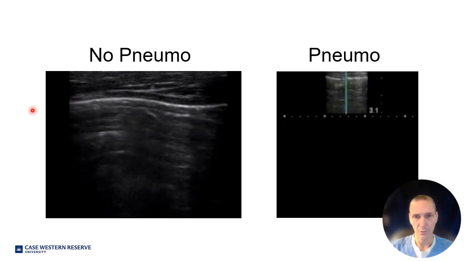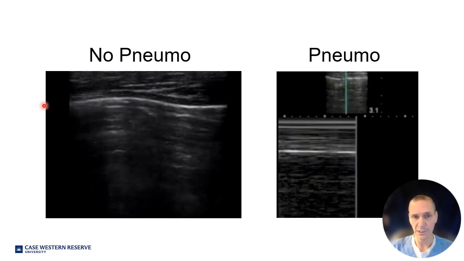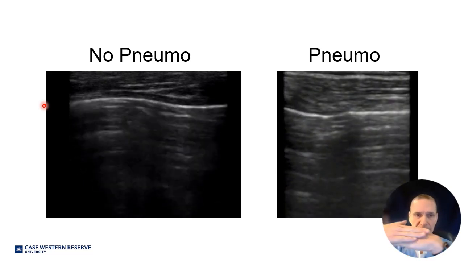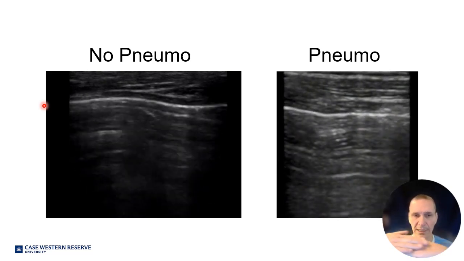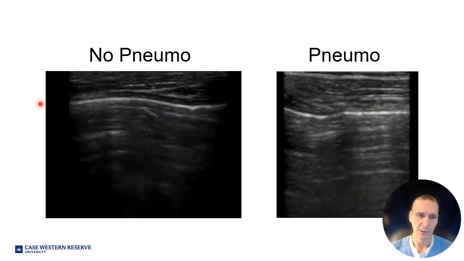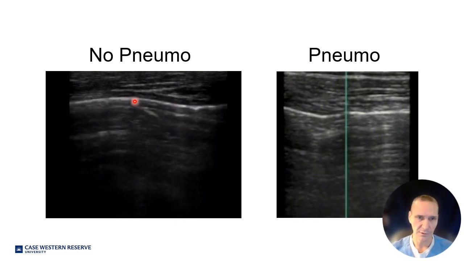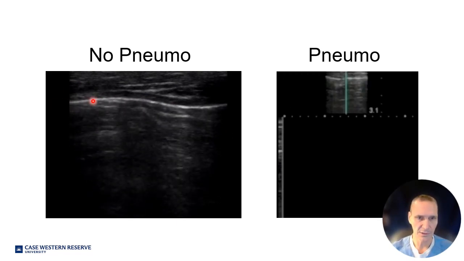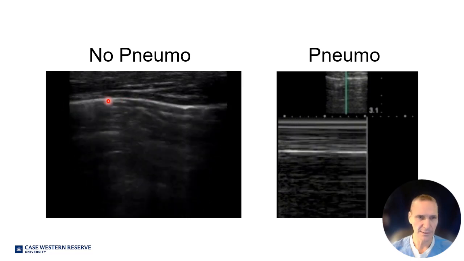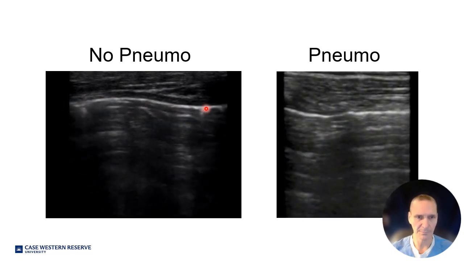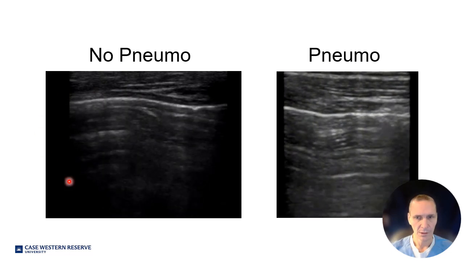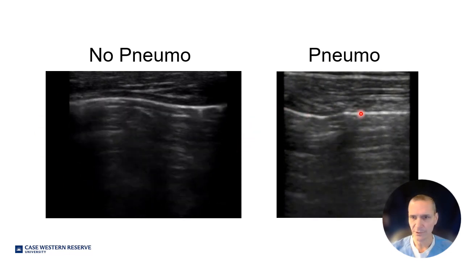So what you have when the lung is up is the parietal and visceral pleura moving back and forth on each other. So you can see the little calcifications. They call this ants marching on a line. That's telling you that the lung is up. You don't see that when there's a pneumothorax.